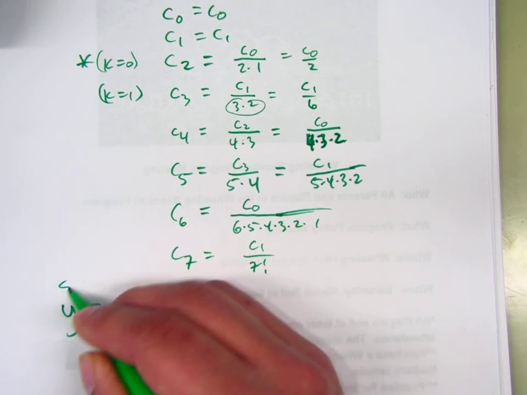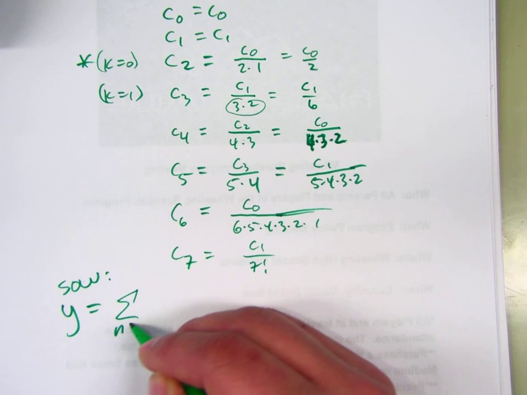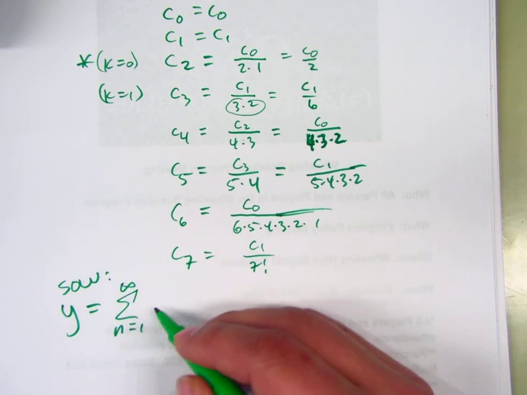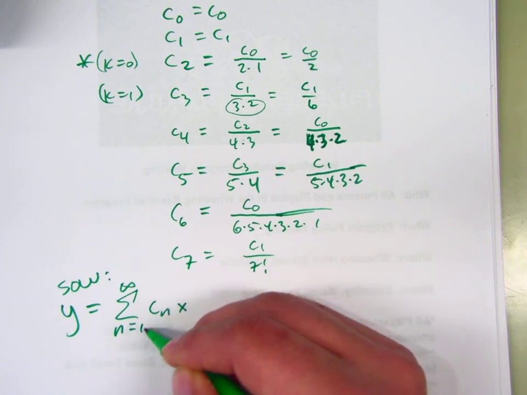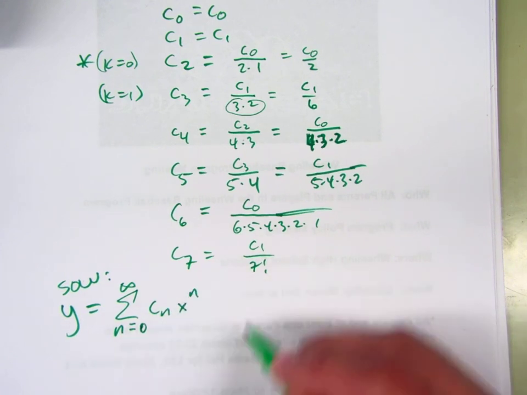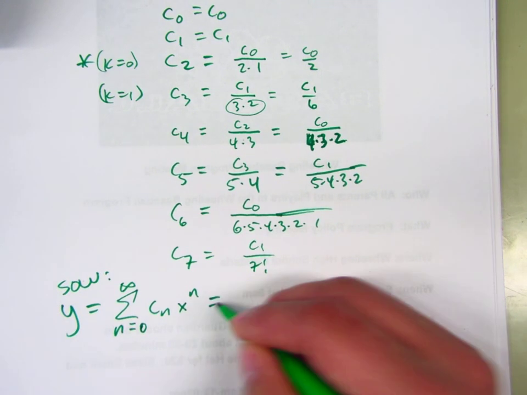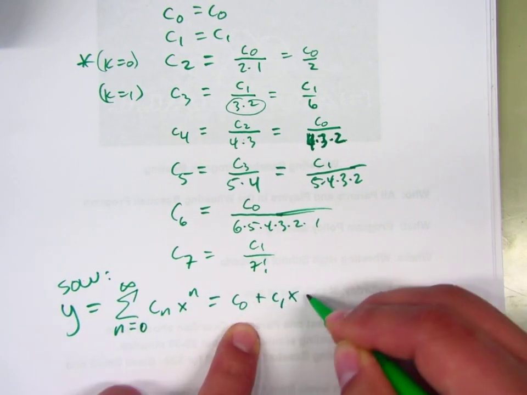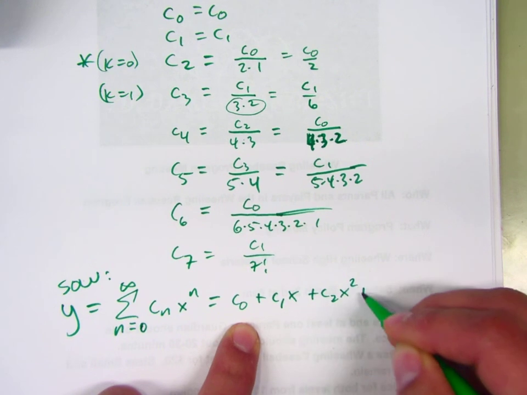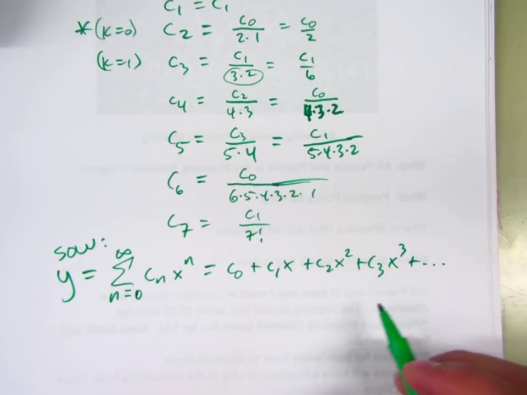Remember that our solution was y equals the sum from n equals 0 to infinity of c sub n x to the n, right? So if you think about what that means, c0 plus c1x plus c2x squared plus c3x to the third and so on, right? This is what our function is going to look like.